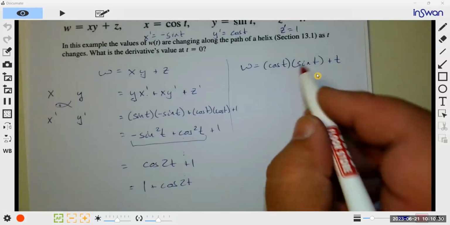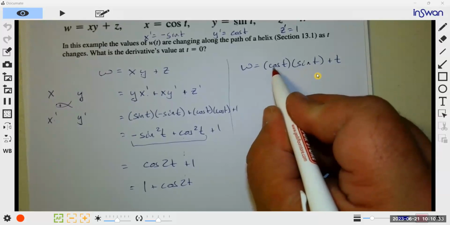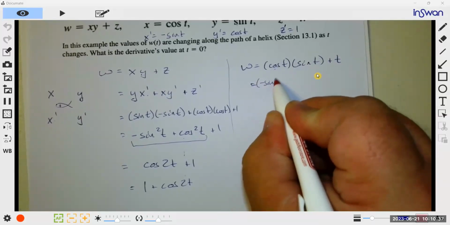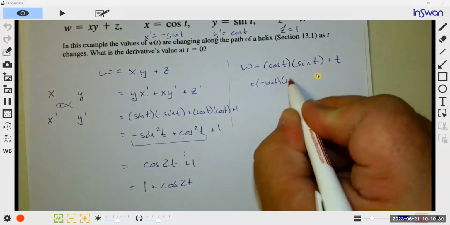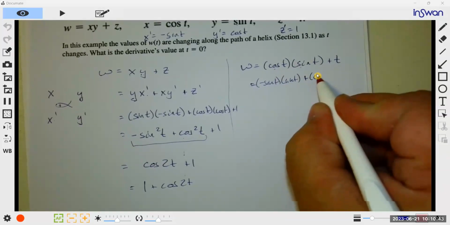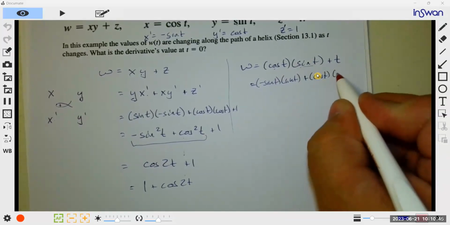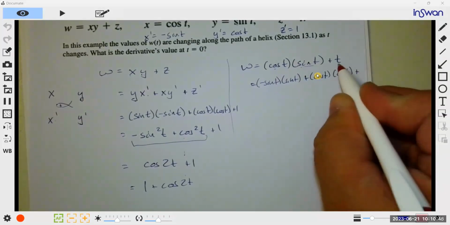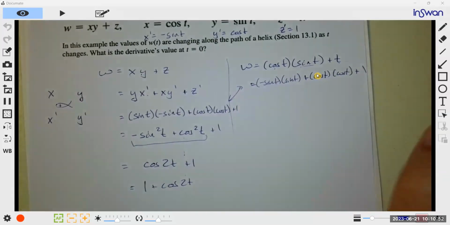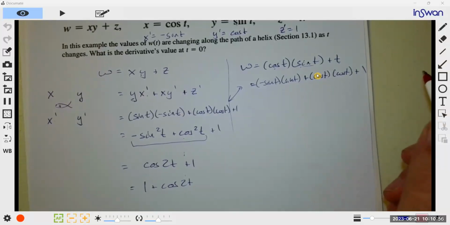And we could have done the same thing here. We could take a derivative of this one, leave that one alone, plus leave that one alone, derivative of that one, and derivative of t. So you see, we just jump in there. Whatever's easiest for you.